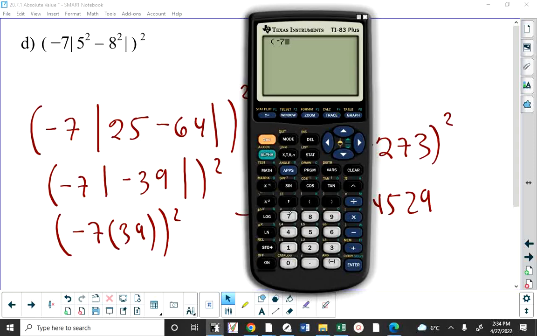It's in the math menu. So you go to your math, which is under the alpha key. You scroll over to the number menu, and there's ABS. And when I hit that, this is what I see. And this means -7 times the absolute value of what's to follow.